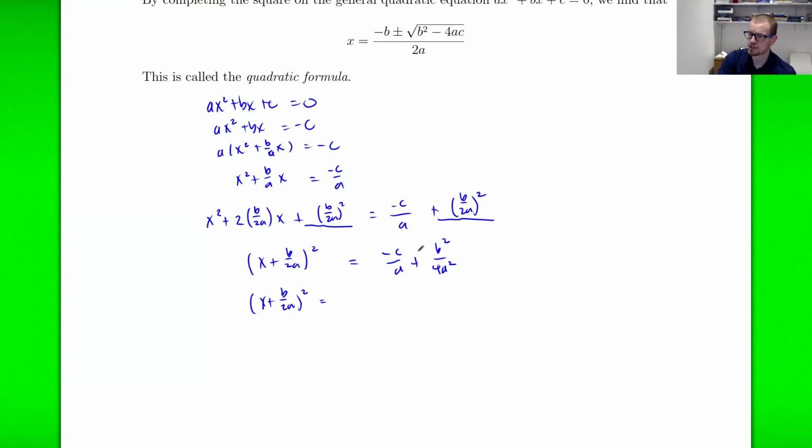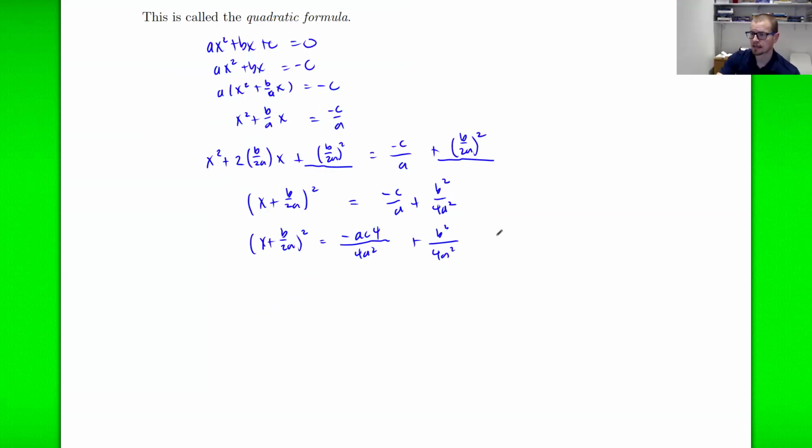So I have a negative ac times 4. And that gives me the desired denominator of 4a squared. And I am adding b squared and 4a squared. That looks pretty good. This should look somewhat familiar at this point.